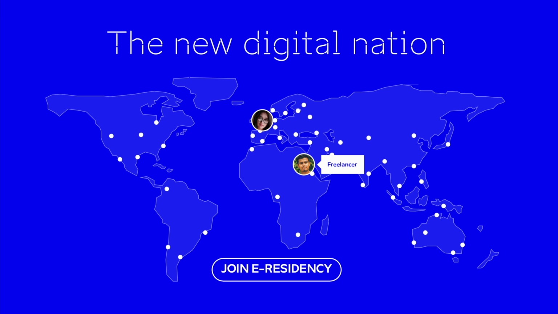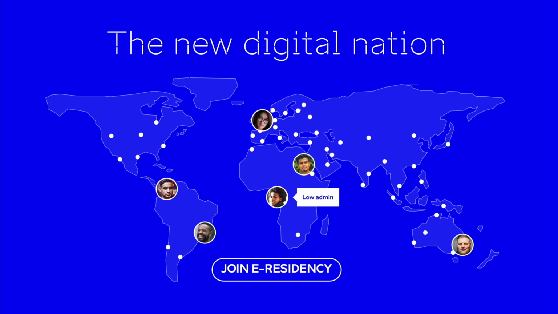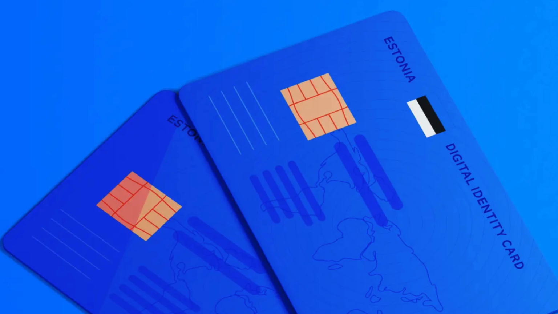Hi, my name is Alex Wellman. I'm the head of marketing here at Estonia's E-residency program. E-residency is on a mission to help entrepreneurs do business 100% digitally from anywhere in the world. When you apply for E-residency, you're given a digital ID card that you can use to access government services here in Estonia.